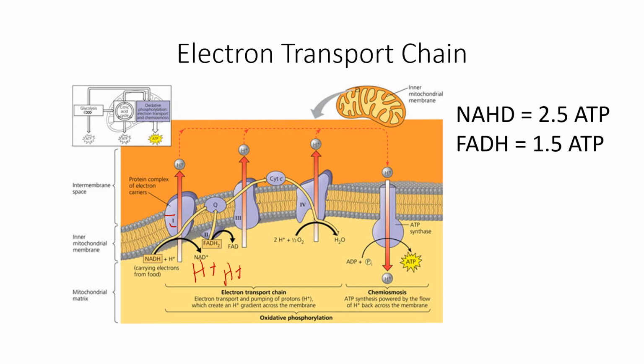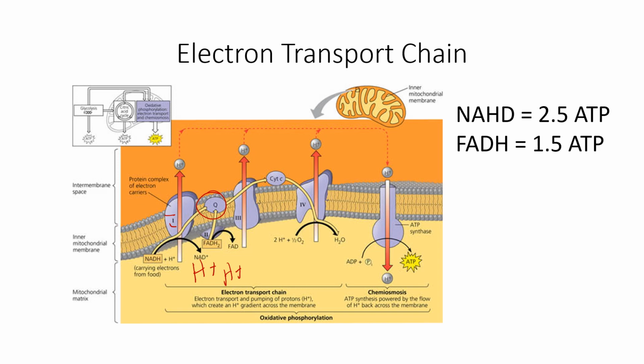We call those protons or hydrogen ions, a hydrogen that no longer has its electron. Okay. So those electrons ultimately get passed to complex 1. And then what occurs is what's known as coenzyme Q comes over to complex 1.